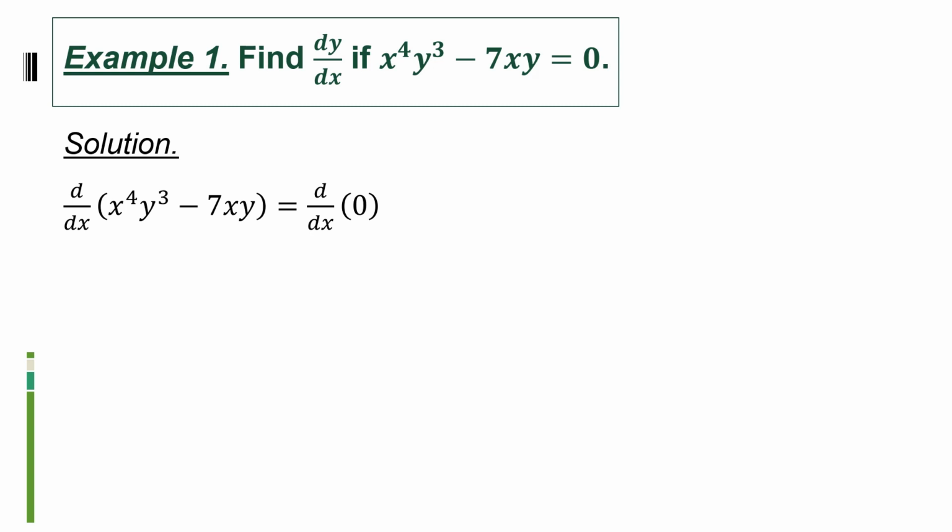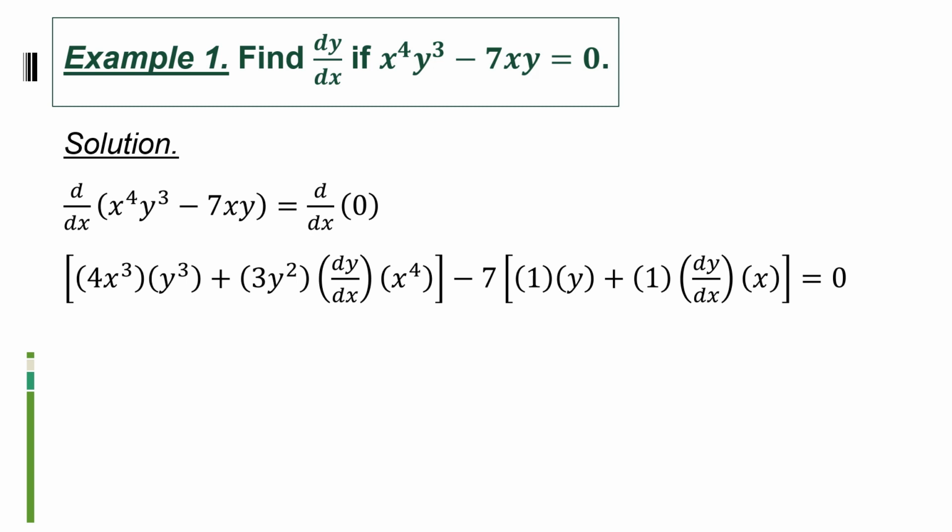Tulad ng sabi ko kanina, kapag dinifferentiate natin yung y, kailangan mag-multiply tayo ng dy over dx. So that is, okay, i-differentiate muna natin to by using fig GIF. We have 4x cubed y cubed plus 3y squared times dy over dx times x raised to 4.